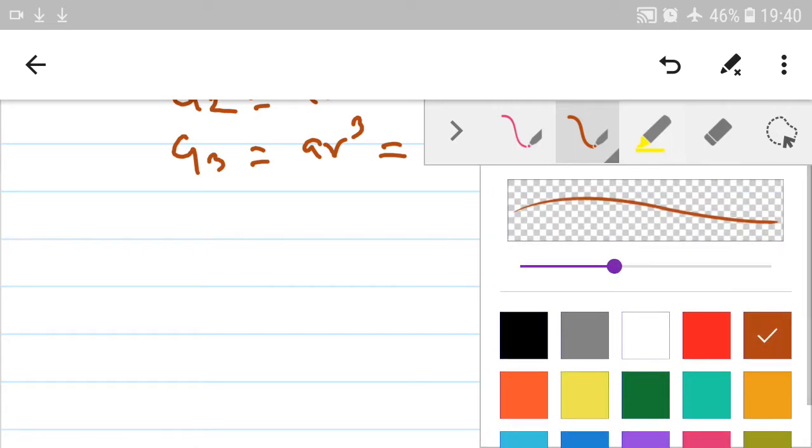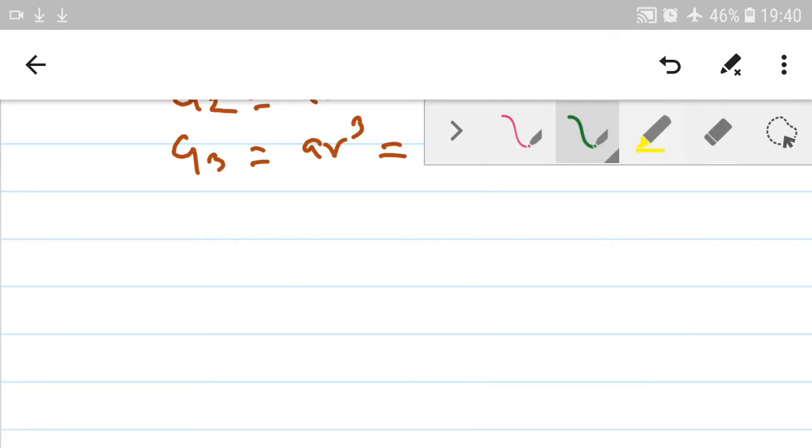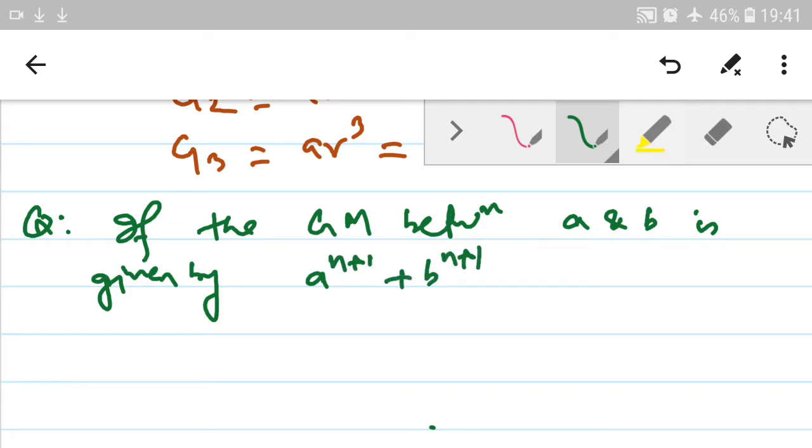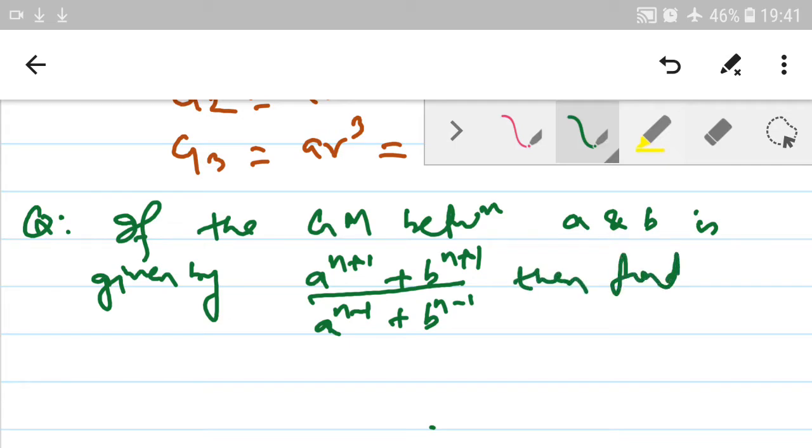The question will be asked like this: if the GM between A and B is given by A to the power n plus 1 plus B to the power n plus 1 divided by A to the power n minus 1 plus B to the power n minus 1, then find n.